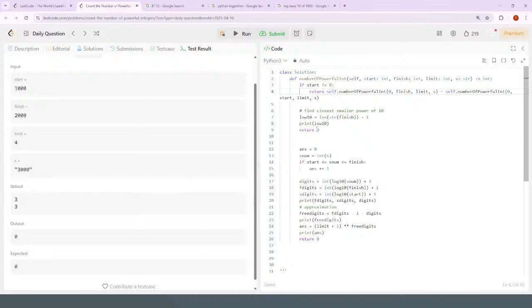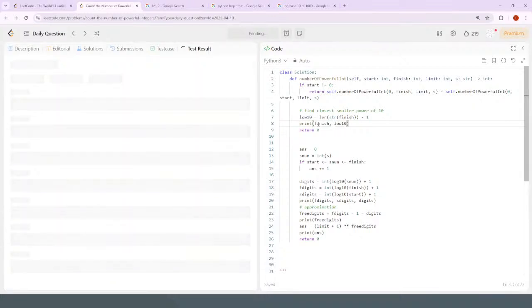Why is it printing out? Oh, it's printing out twice because it's doing two separate calls there. Okay, so let's say finish is the one printed out here.